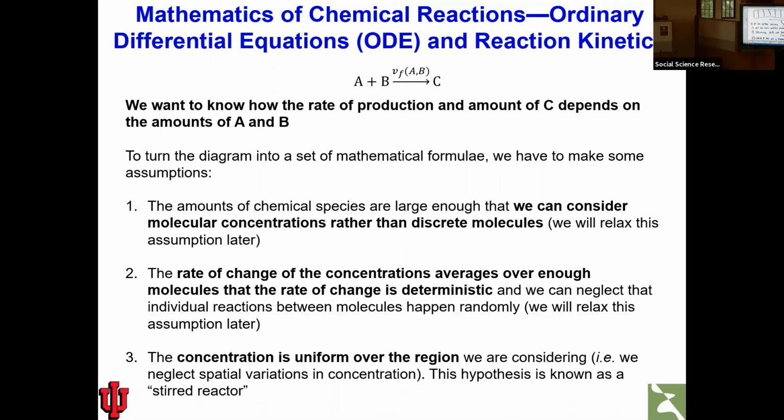And then the last thing that we need to worry about is that we need to assume that the concentration is roughly uniform over the volumes we're interested in. If you're a bacterium, even though that's a small volume, assuming bacteria are well stirred is not a great approximation. In eukaryotic cells, it's a worse approximation.